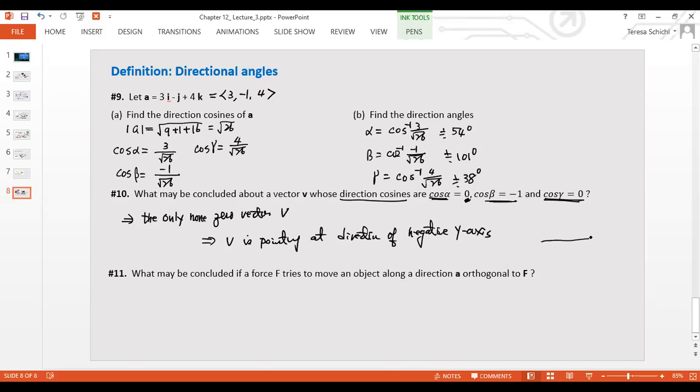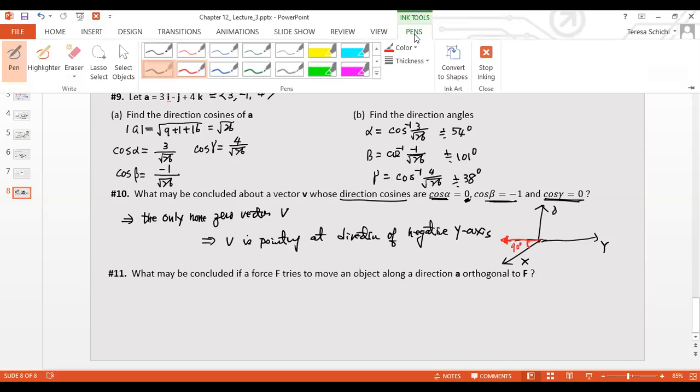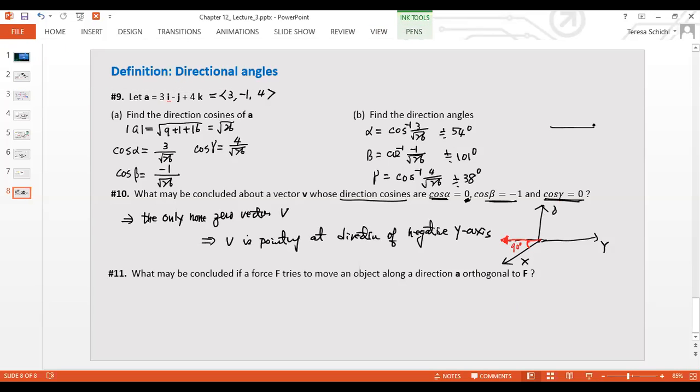So if this is your coordinates here, this is x, y, z. Let's see, if you have a vector here, our answer says it has to be this vector, right? So this angle here has to be what? 90 degrees, because x, y. It's kind of hard to say, but it's 90 degrees here, right?